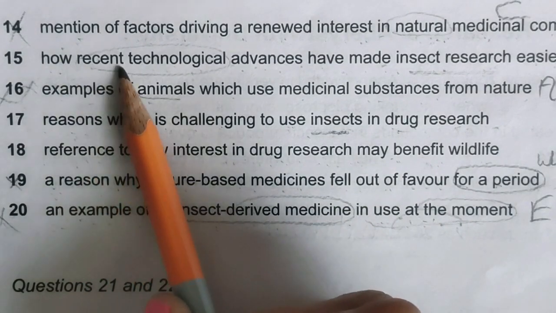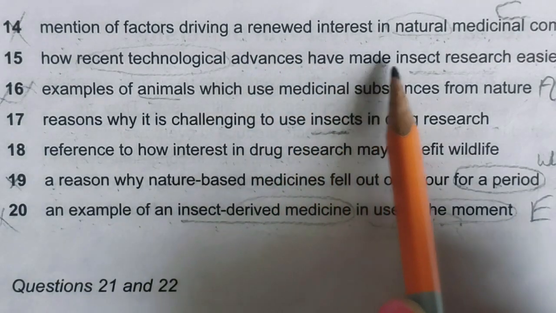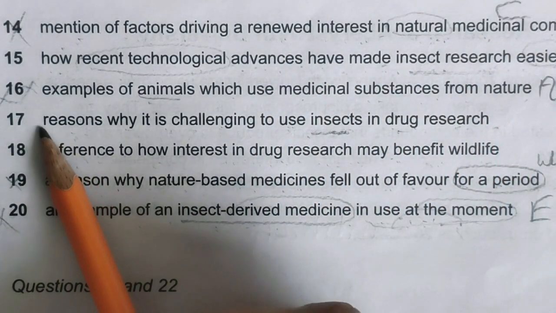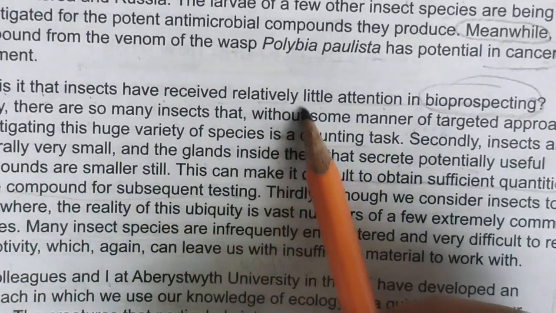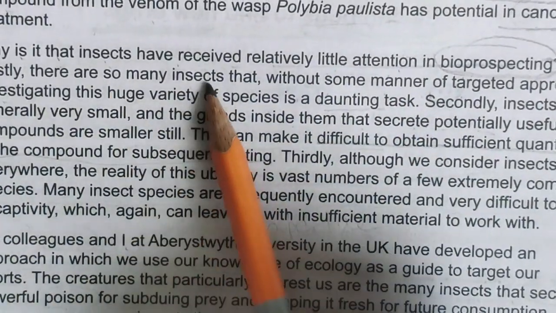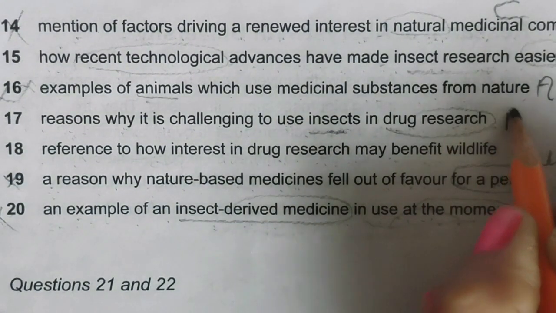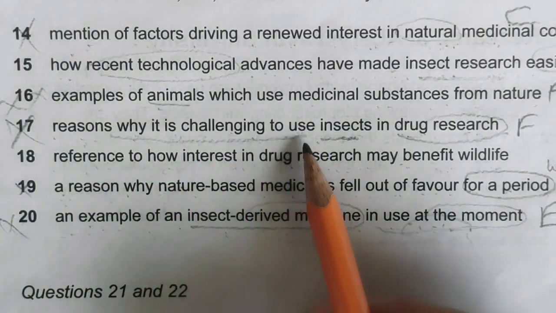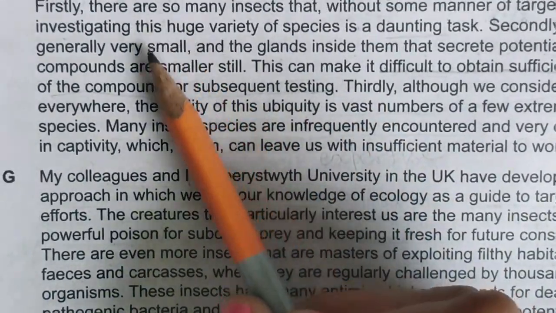So the 15th, how technological advances have made insect research easier. No, they are not talking about that. So reasons why it is challenging in drug research. Yes. So in drug research there is little attention because there are many insects. So without thinking, just put F here for the 17th option, because they have given the reasons: first, second, third.